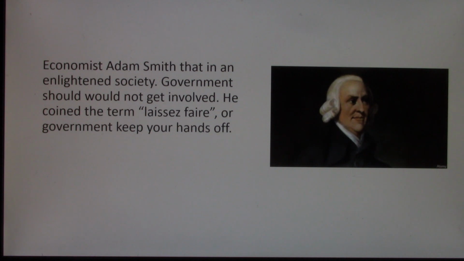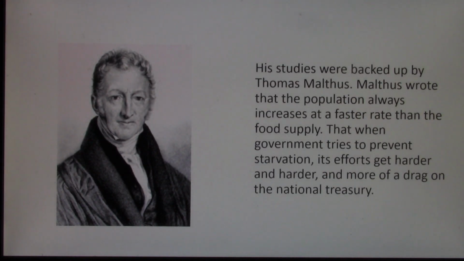Smith believed that if government tried to make rules for business, this would mean that business would have a difficult time trying to better themselves. Now, Smith's ideas are going to be backed up by another Englishman by the name of Thomas Malthus. Now, Malthus is going to write that the population is always going to increase faster than the food supply.